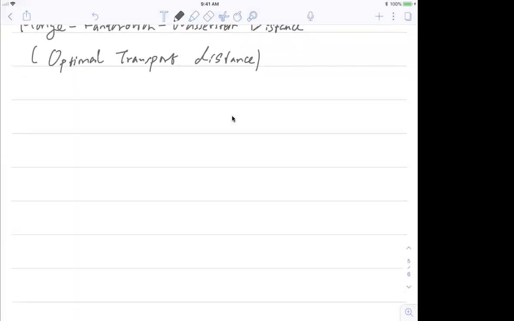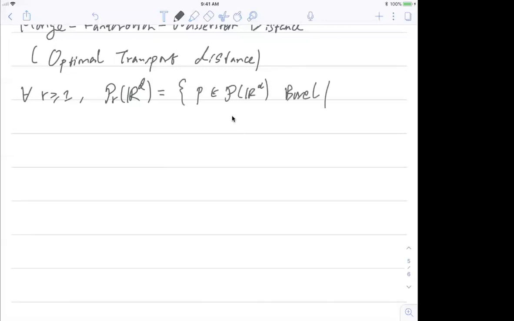Okay, it's very easy to define. Let's say for any r bigger than 1, we use P_r(R^d) to represent all the Borel probability measures, where we only consider those such that the rth moment is finite, as we did before with P_1.